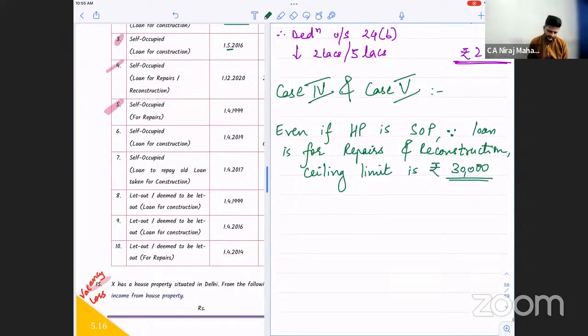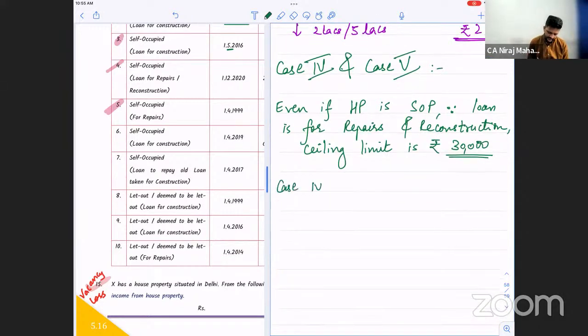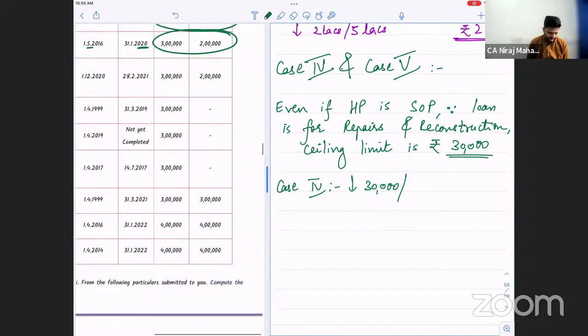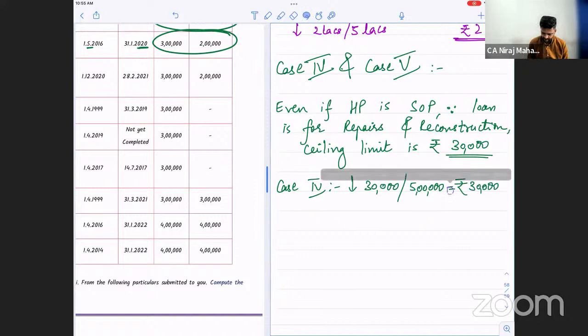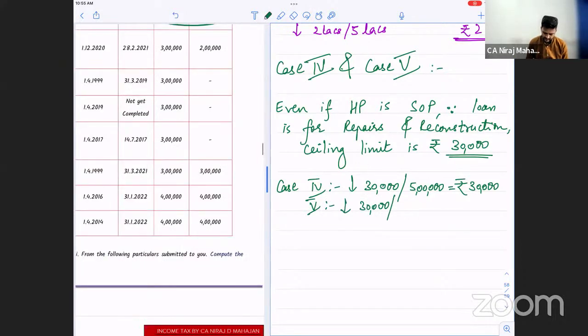It is not necessary, but again I'm writing lower of 30,000 or, in case 4, 5 lakhs. So it is 30,000 deduction. And case 5, lower of 30,000 or 3 lakhs. So the answer is again 30,000.